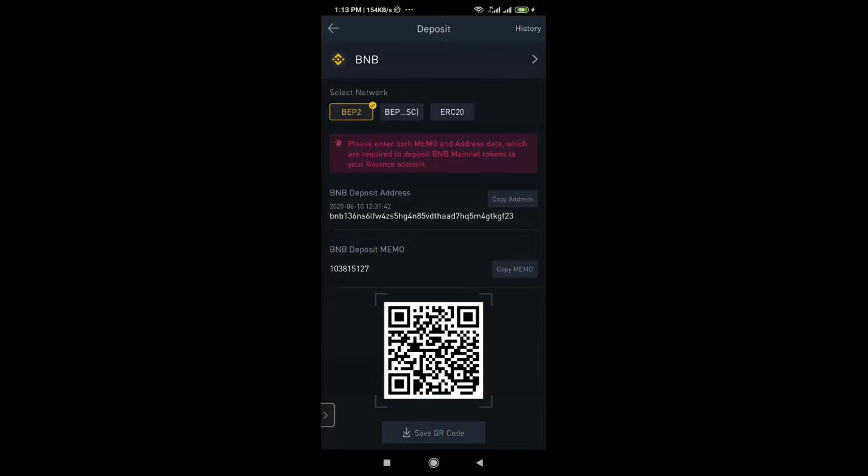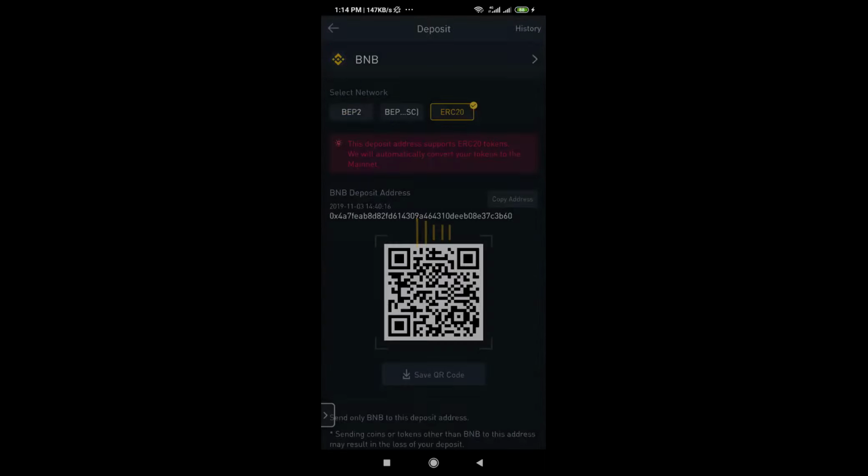Yes, there are different blockchains. Now we can see that this BNB is on the BNB Smart Chain blockchain, and is also on the Ethereum blockchain. So if I wanted to deposit BNB to my Binance wallet, and the BNB I have is on the Ethereum blockchain, I would click ERC20.